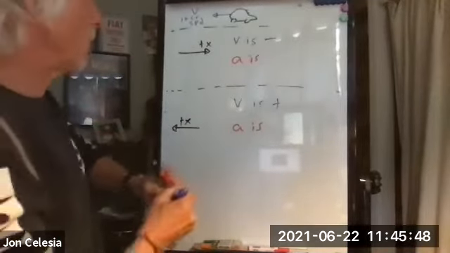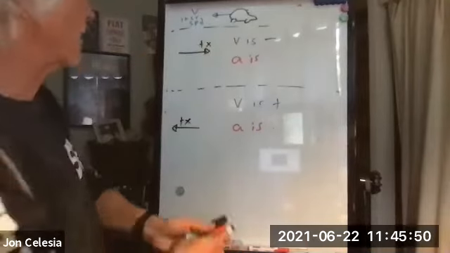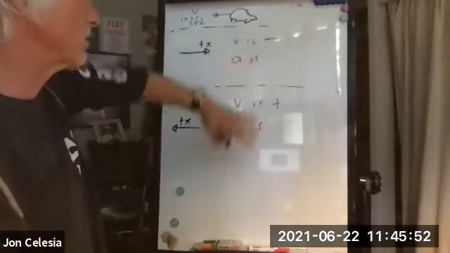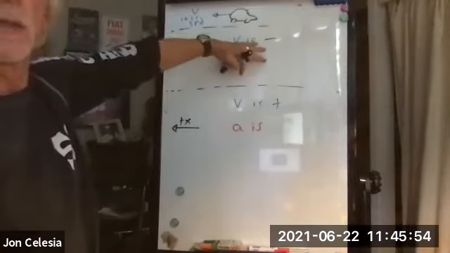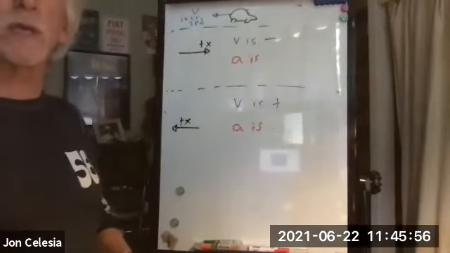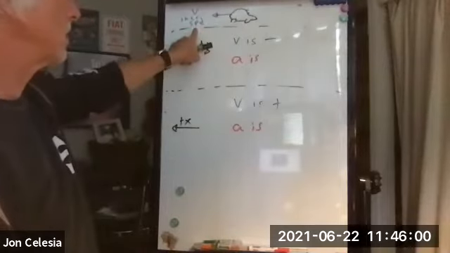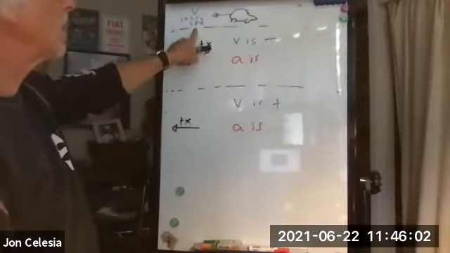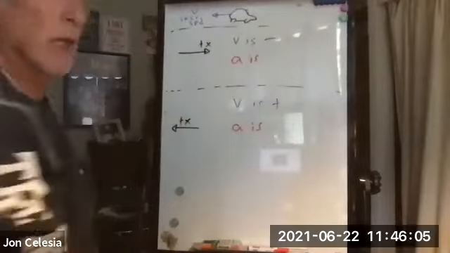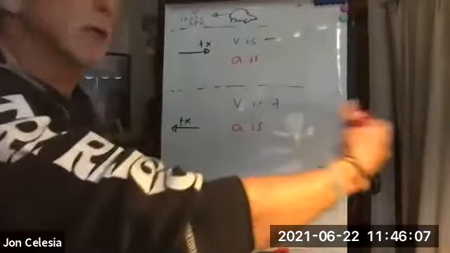Now, what direction is acceleration on my picture here? Forget about plus and minus. What direction is acceleration, right or left, in this case? Left, because you would push or pull it left to cause the acceleration.